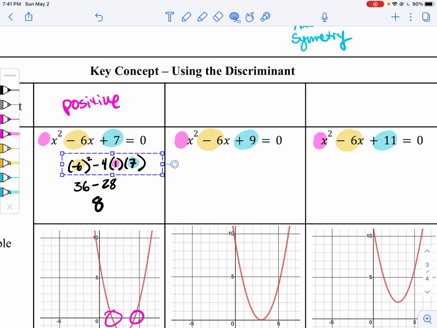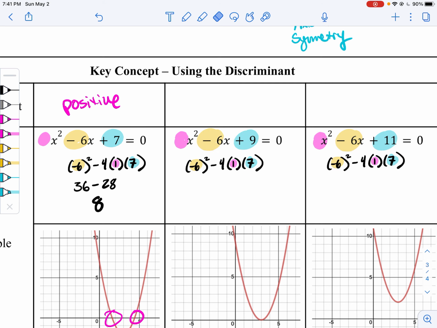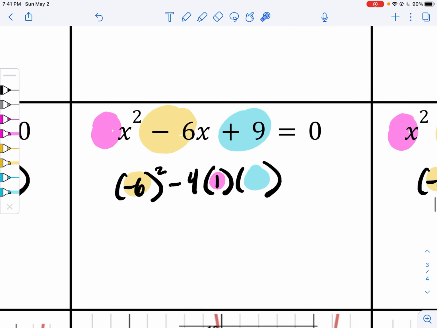That was so cool, huh? So negative 6 squared minus 4 times a times c gives us 36 minus 36, oh hey, twinning, is 0.